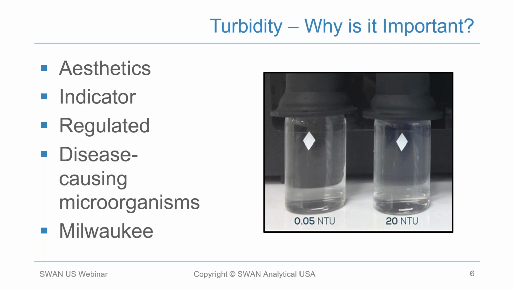Also, it's why voluntary optimization organizations like the Partnership for Safe Water and the Area-Wide Optimization Program target a value of 0.1 NTU as opposed to 0.3 NTU. So that's to make sure that we don't have Cryptosporidium or other disease-causing organisms getting into our finished water.